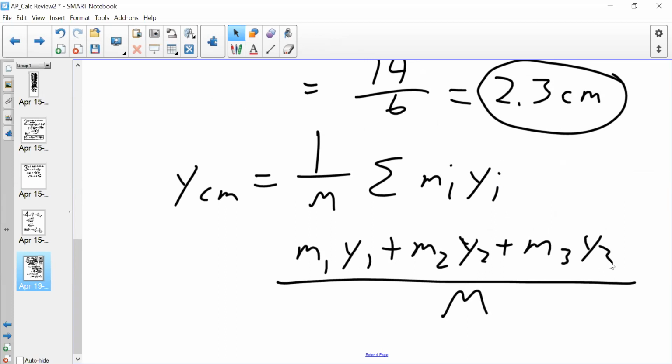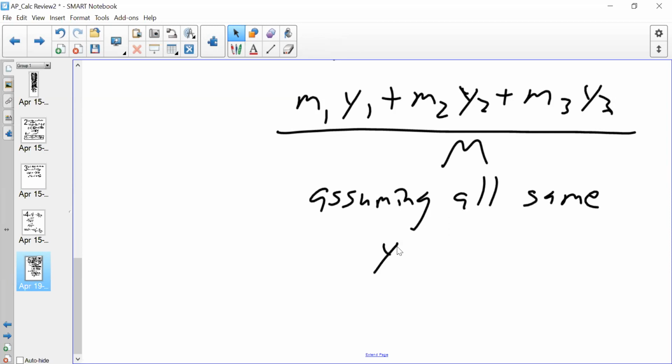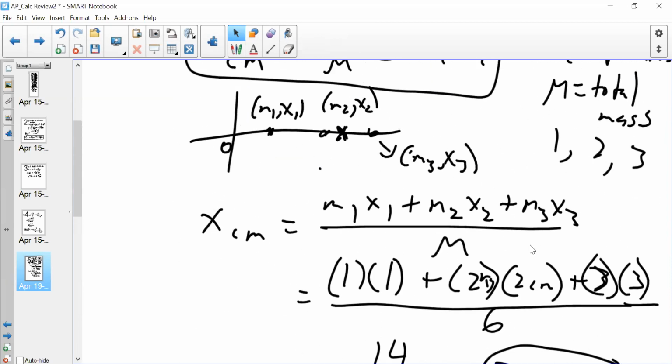And let's just say the same positions again, 1, 2, and everything else in the same center of mass. Assuming everything from above is the same, we have the center of mass 2.3, and you can make this anything you want.